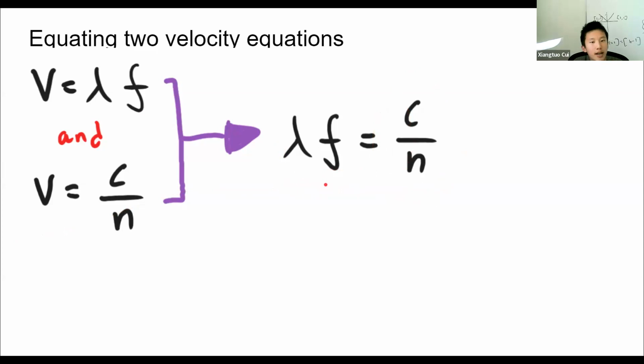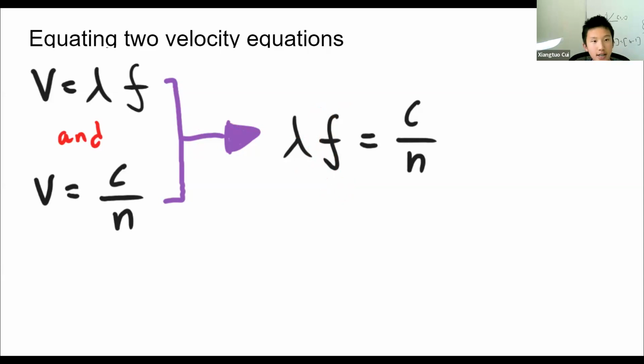So if lambda times frequency decreased, which variable had to go down in order to facilitate that decrease? Did the wavelength decrease in order to slow down light, or does the frequency decrease in order to slow down light? Well, the answer is that frequency never changes even when going through different mediums.